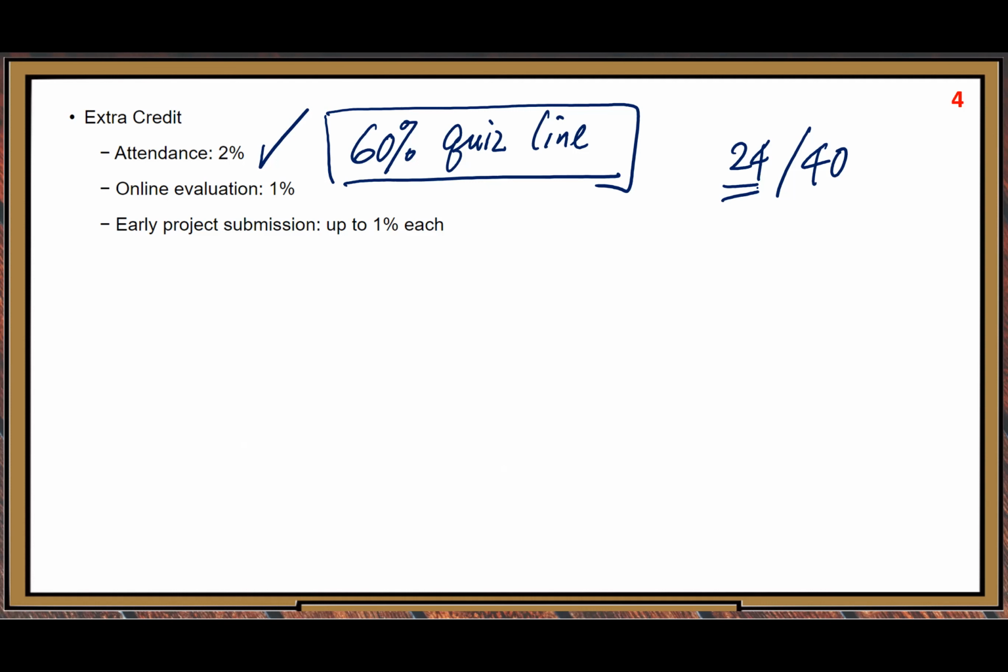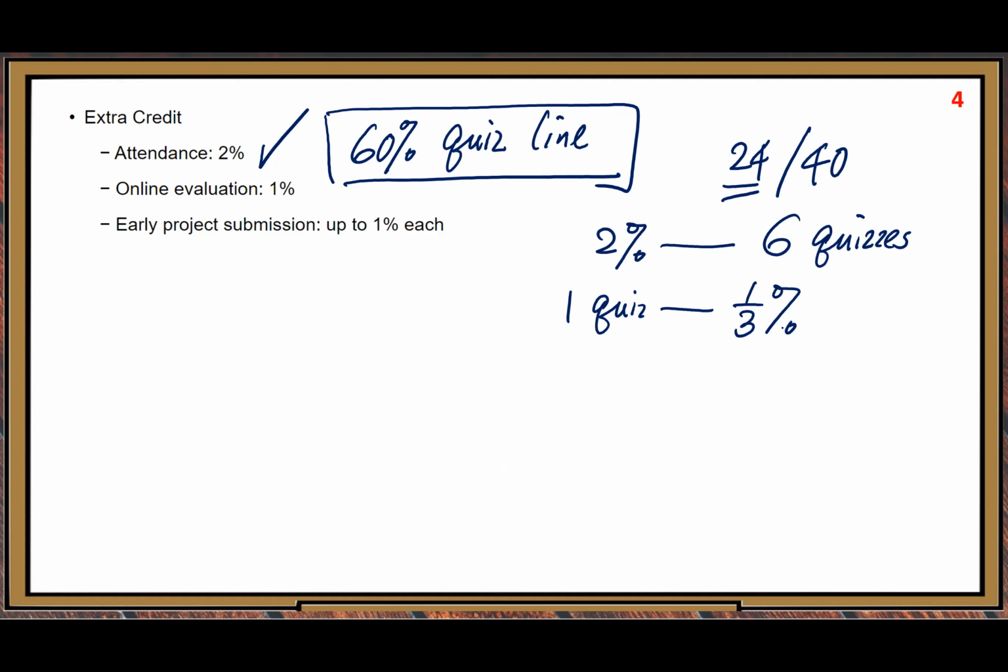To be more specific, let me say this: 2% attendance corresponds to 6 quizzes. So 1 quiz corresponds to 1/3 of a percentage point. We have 6 of them.